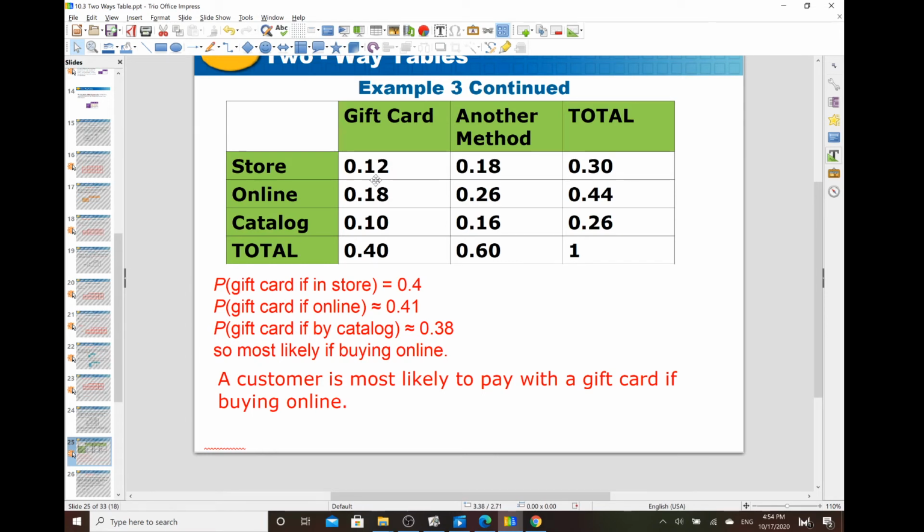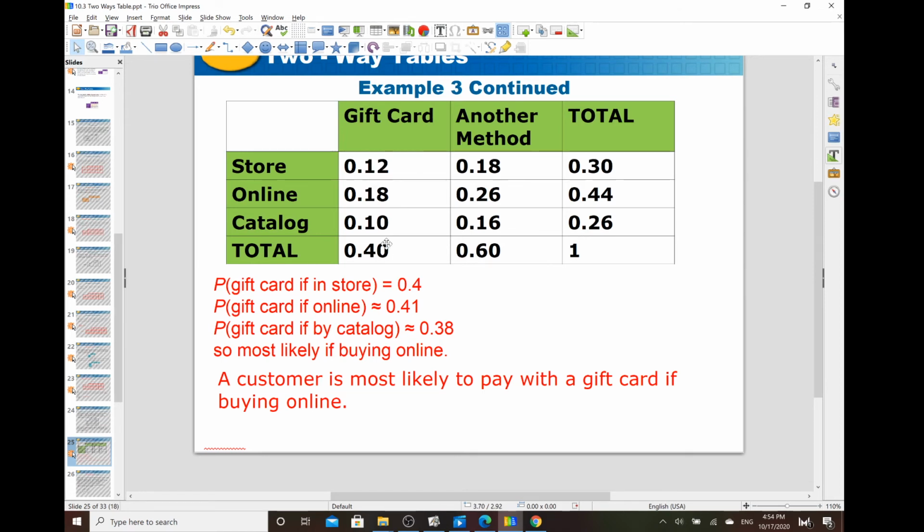So 0.4, let's see the way to figure out this number here. So why is it 0.4? This one is showing that in store is 0.12. Oh, I see. It's 0.12 divided by 0.4. Okay, so you want to divide it by the decimal right here.